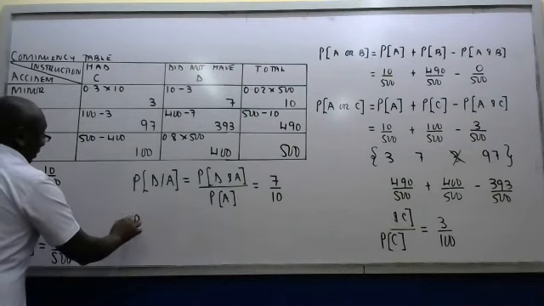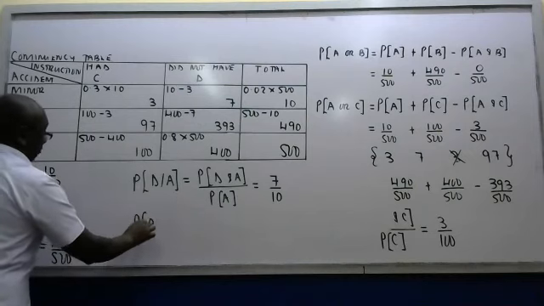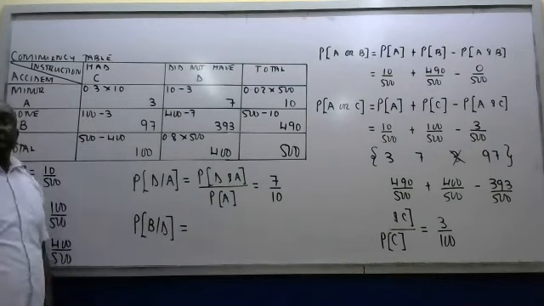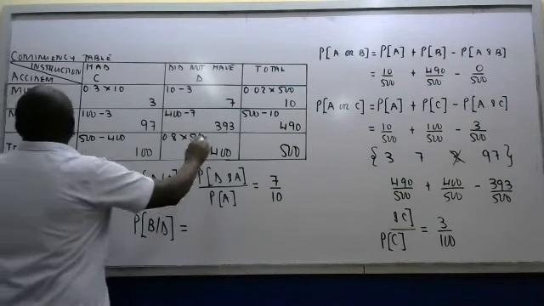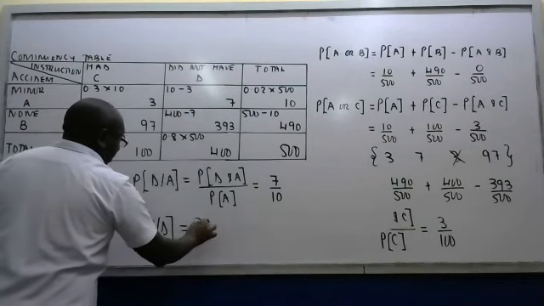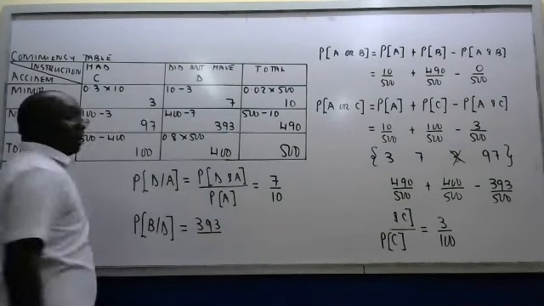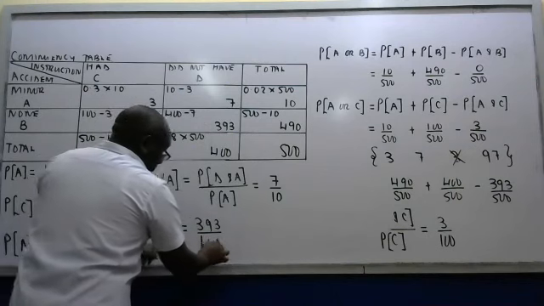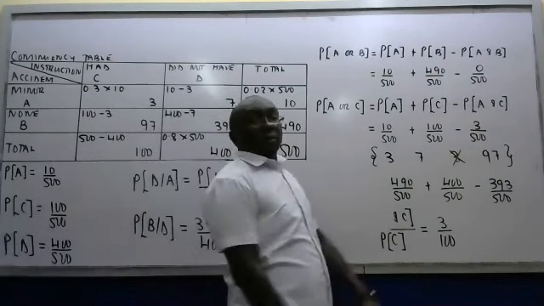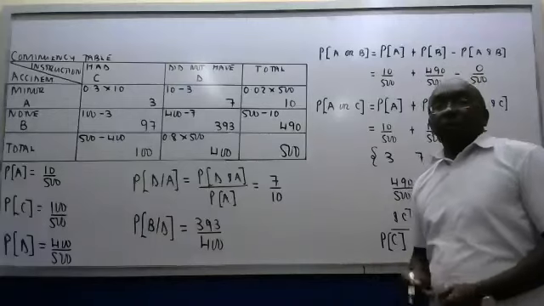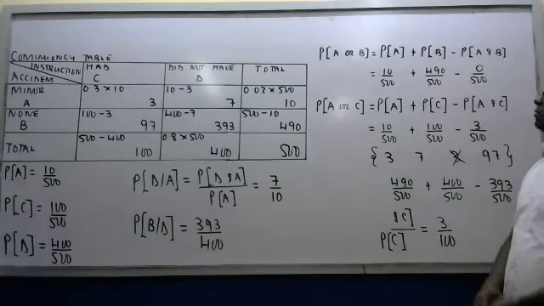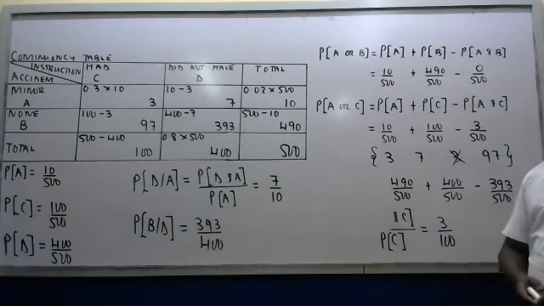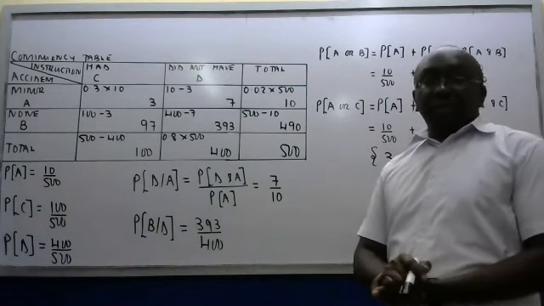And then, give me probability of B given D. Where they meet, B and D, is 393. And the value of D is 400. So what we have done is all that you can come across in regard to contingency tables.